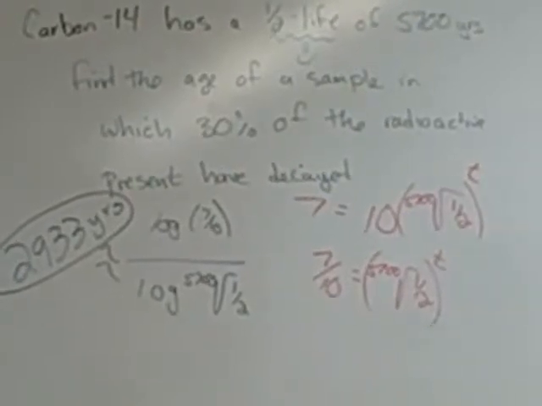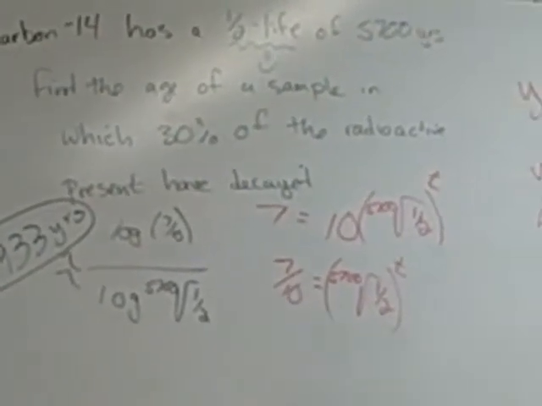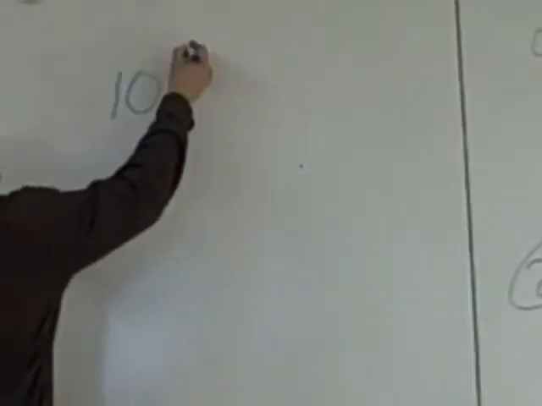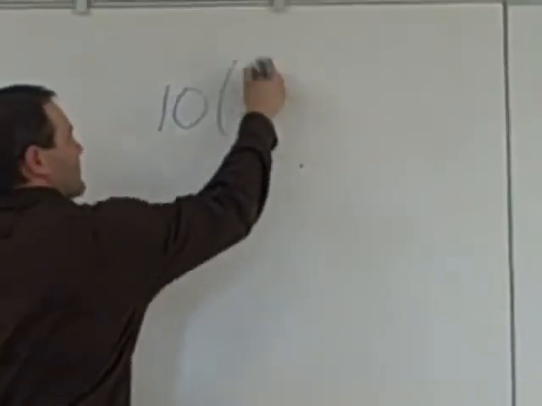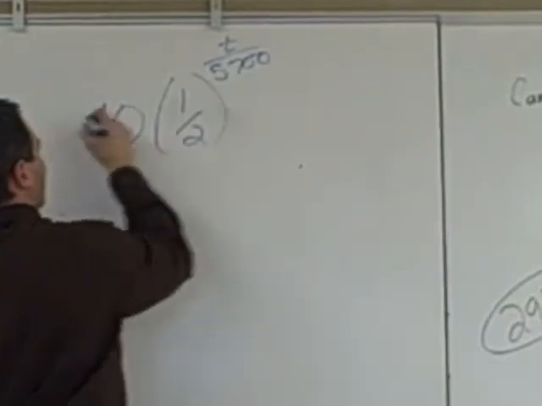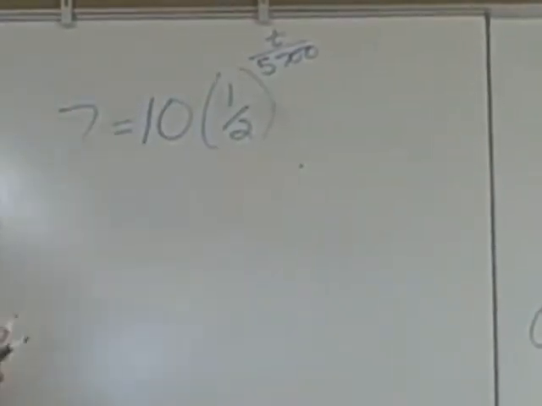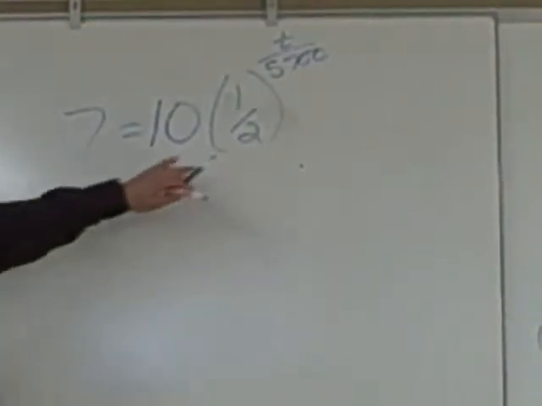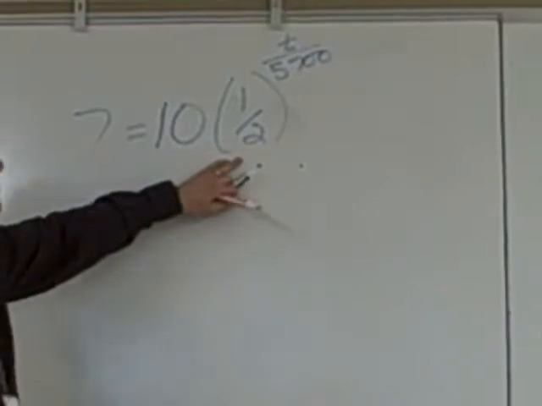Another way, a shorter way as far as half-lives go. We'll assign blue to this one. That will also get you 2,933 years. So this means that we're doing a half-life problem.